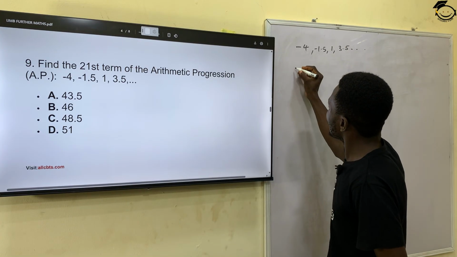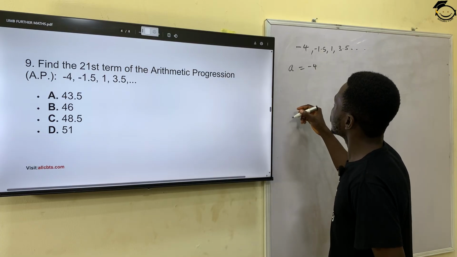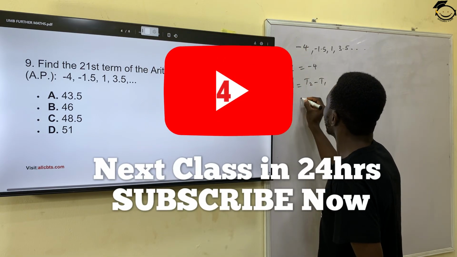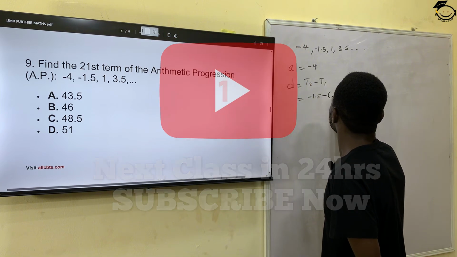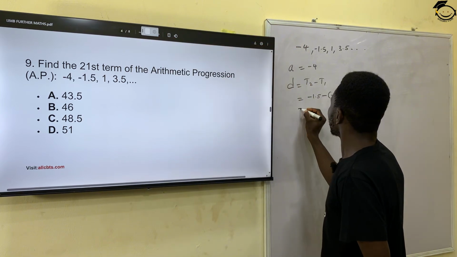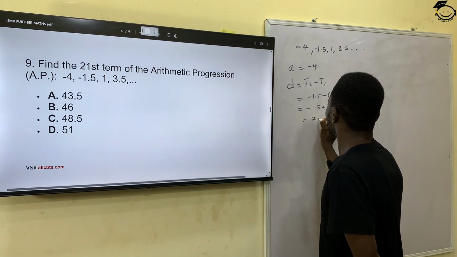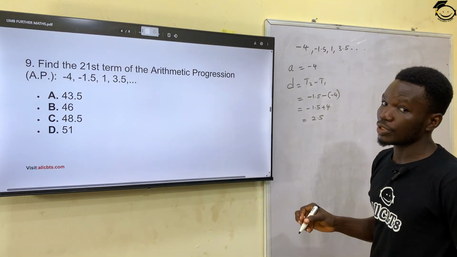So they've given us our first term, A, as minus 4. So we're going to find the common difference. Our common difference is T2 minus T1, and that will give me minus 1.5 minus 4. So this is similar as saying I have minus 1.5 plus 4, and that will give me 2.5.